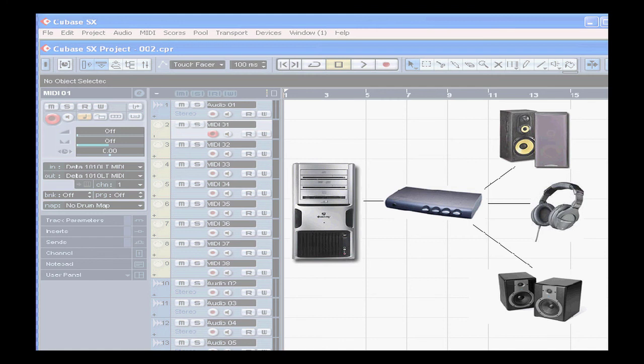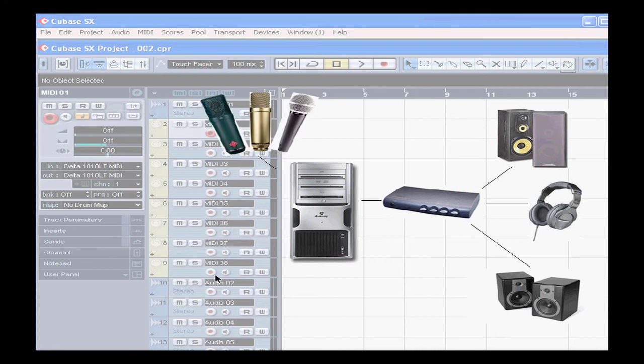Just a quick word now about microphones. If you're going to record any acoustic sources at all, the importance of a good microphone cannot be exaggerated. The topic of microphones is a very broad one on which I could easily spend a few hours. However, what kind of microphone or microphones you really need depends on your specific musical circumstances.